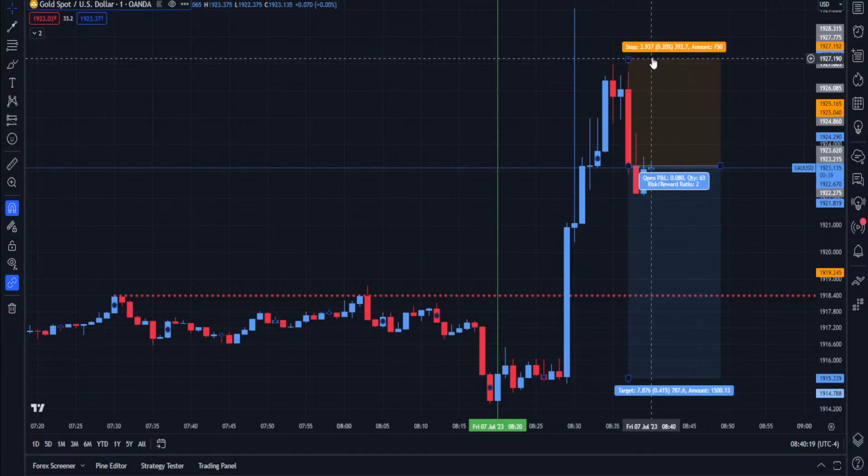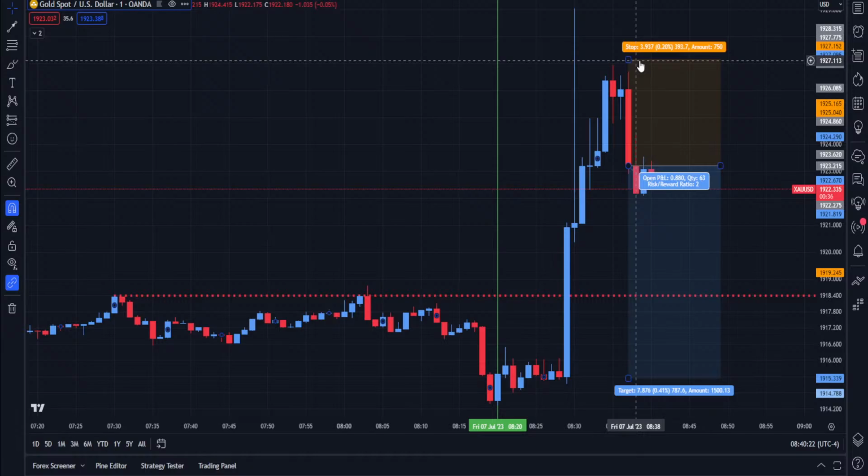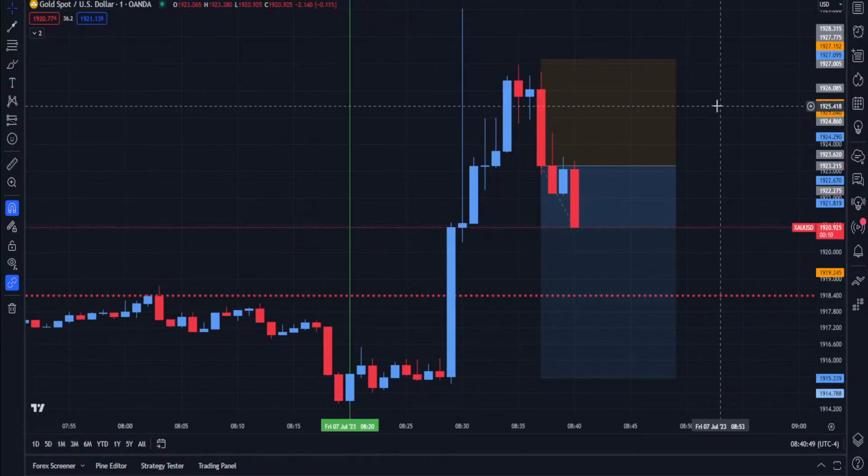Modify. Now we just wait to see what happens. I mean, so far so good.